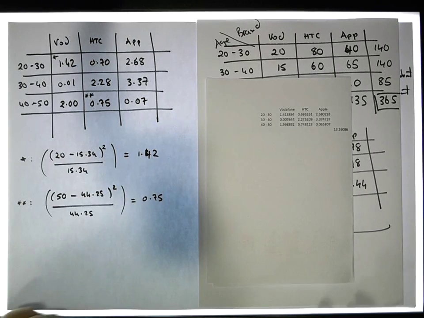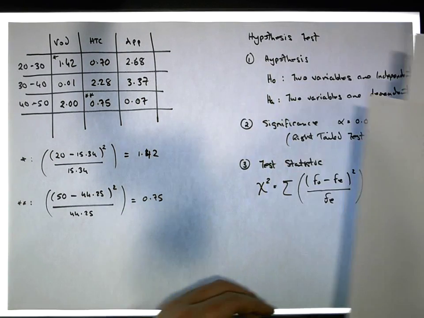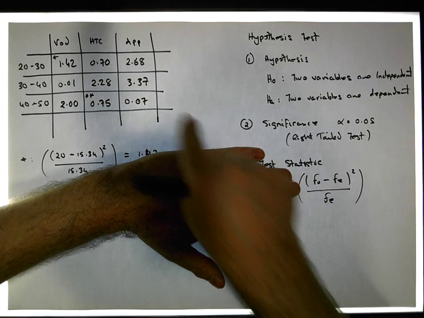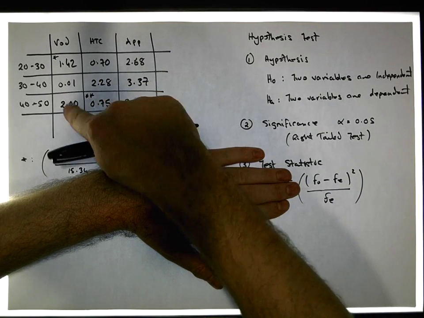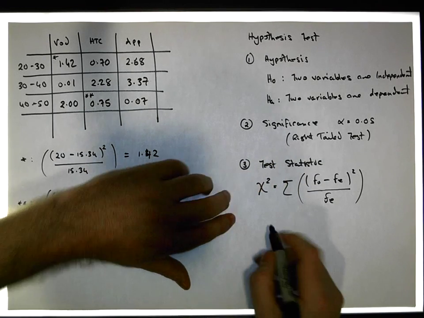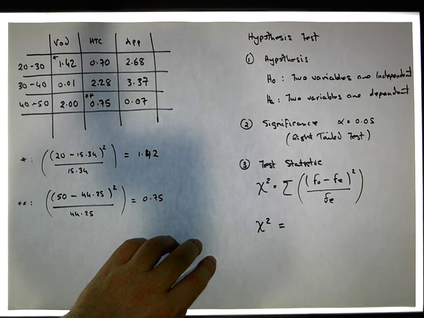Okay. So effectively what we've done here is that we've calculated this particular value for each one of our cells in our contingency table. Now what we need to do is sum these up. So our chi-squared test statistic is the sum of all of these values.